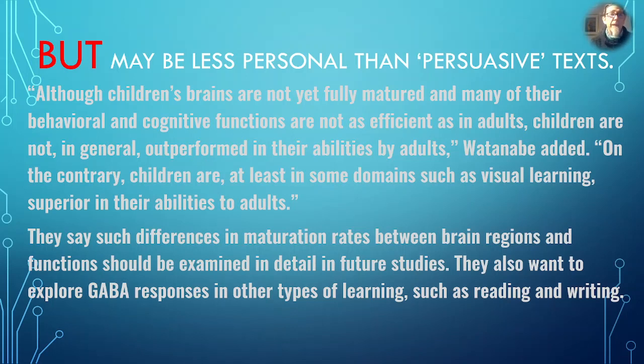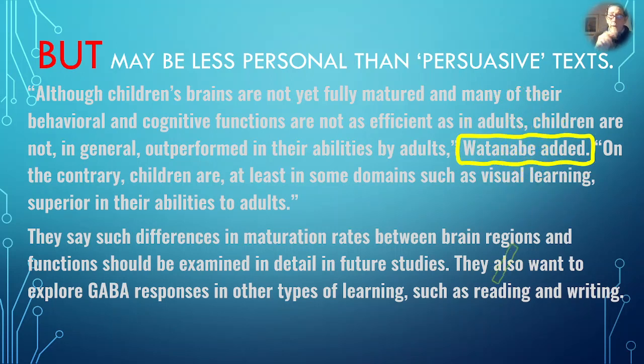However, these texts sometimes can be less personal than persuasive texts. And again, we take a look at this piece of text. And it does seem, in some ways, less personal in the way that they're writing. There's not that personal perspective, not that personal point of view in the writing here.